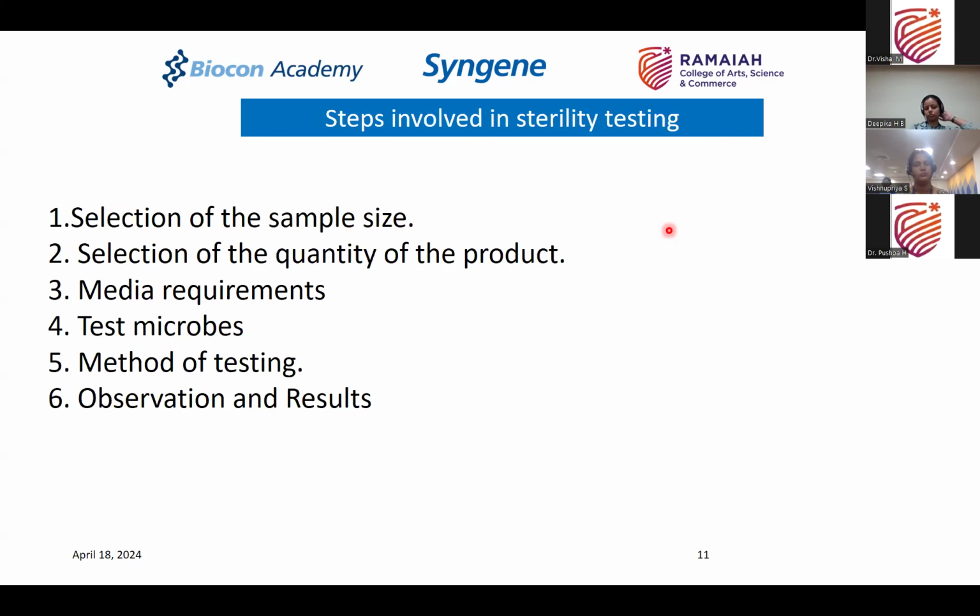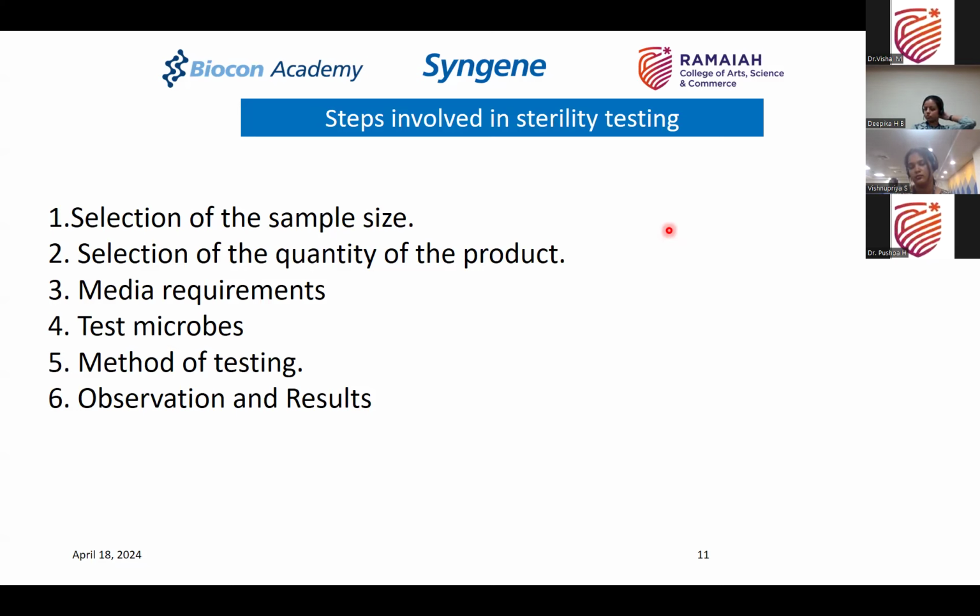In order to do sterility testing, these are the different steps involved: selection of the sample size, selection of the quantity of the product, media requirements, test microbes, methods of testing, and finally observation and results.